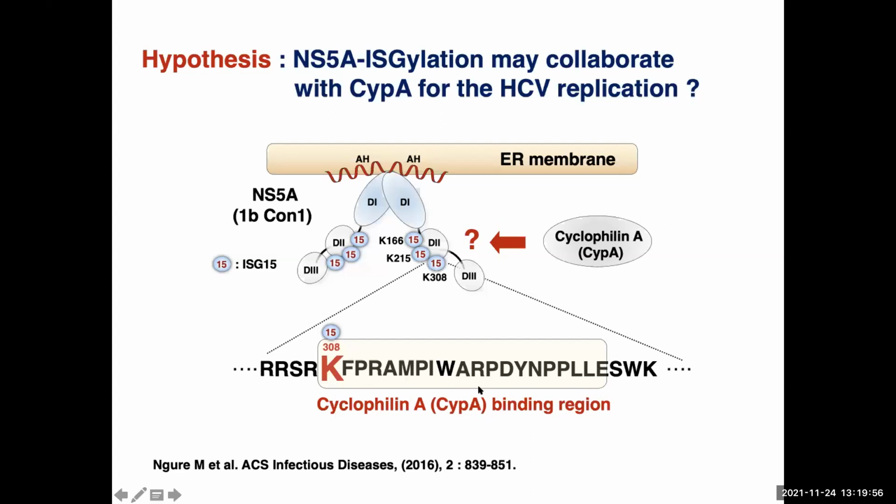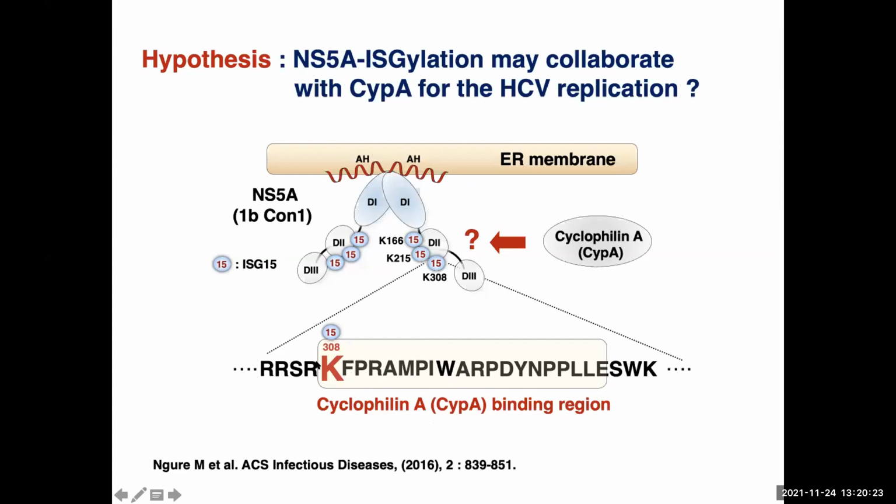Cyclophilin A is known to play a very important role in HCV replication, and it binds to NS5A protein and assists HCV replication. Several papers show that cyclophilin A is an important host factor for HCV replication.